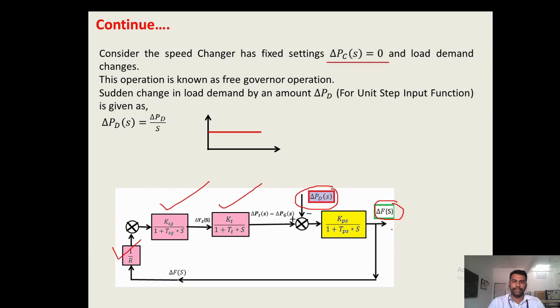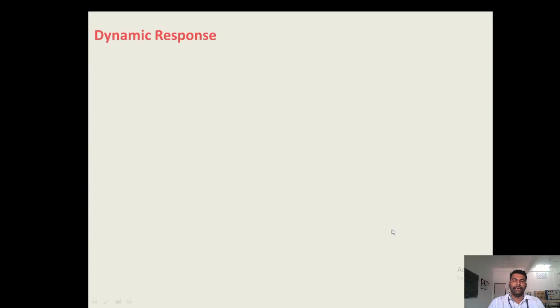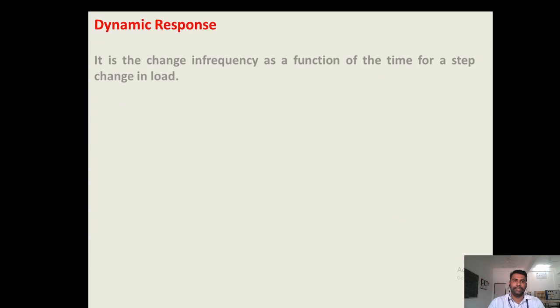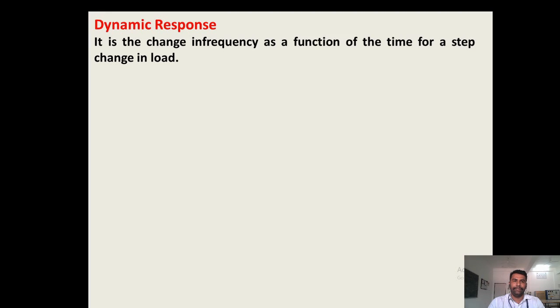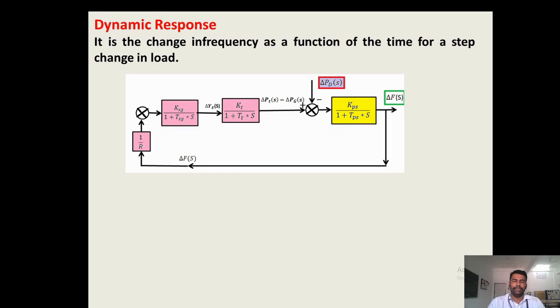Now for this system we will consider the dynamic response. The dynamic response is the change in frequency as a function of time for a step change in load. So for this dynamic response we have input as change in Pd of s and output as change in f of s. So we will try to find the change in f of t with respect to change in Pd.